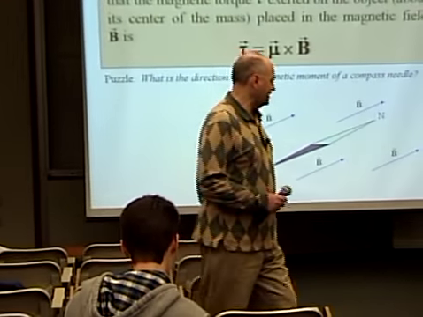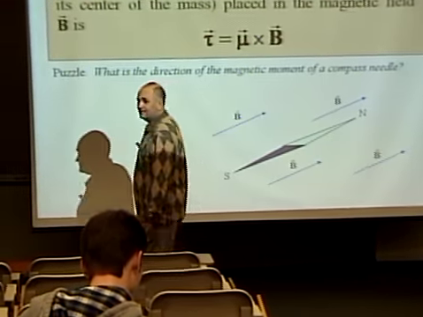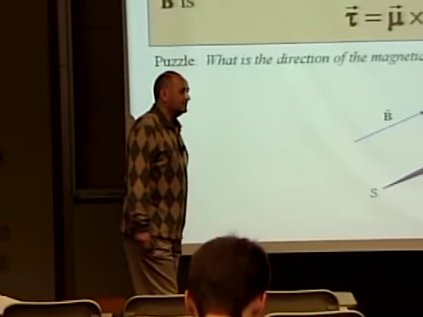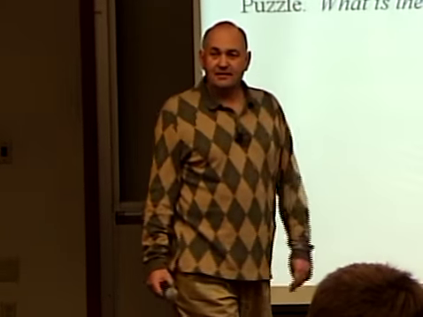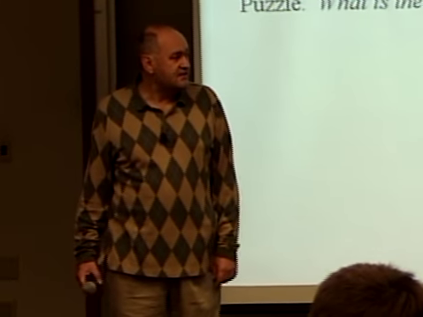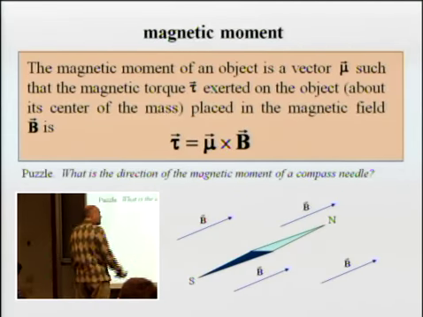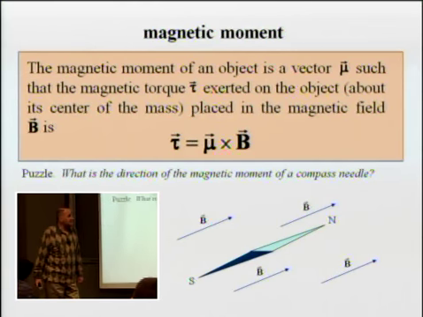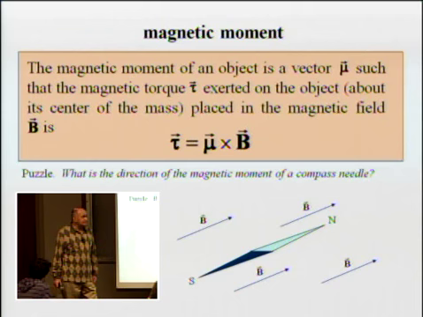Well, I will give you a hint then. Think what would happen if the needle slightly deviates in this configuration, slightly deviates from the orientation of the magnetic field. So if the needle slightly deviates, it means that magnetic moment will also make a tiny angle with the magnetic field, and see what will happen in both situations.